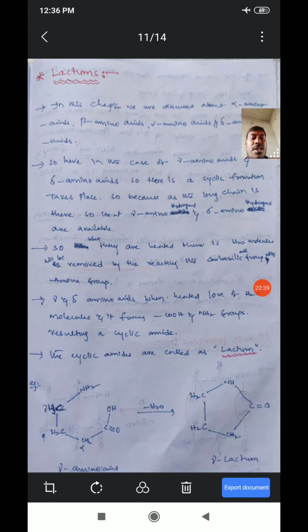Next we are discussing lactams. Generally in the amino acids chapter we discussed alpha amino acids, beta amino acids, gamma amino acids as well as delta amino acids.